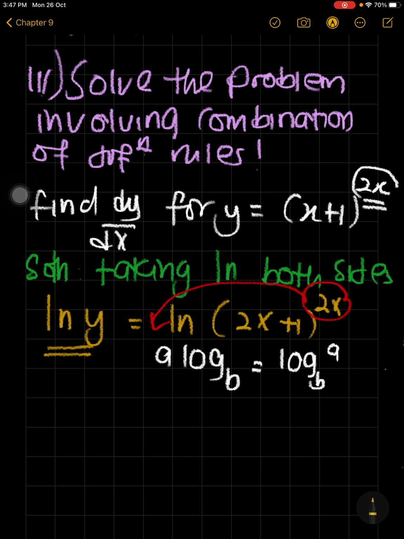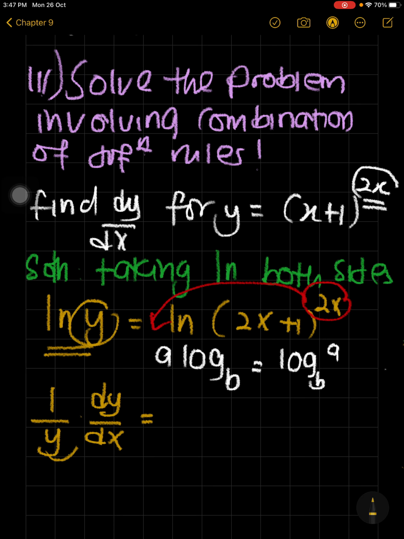Implicit, bila you differentiate ln y, you akan dapat 1 over y. Okay, and then you have to differentiate again. So bila you differentiate y, you akan dapat dy per dx.